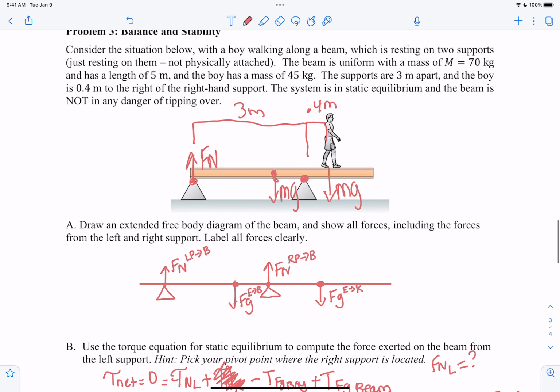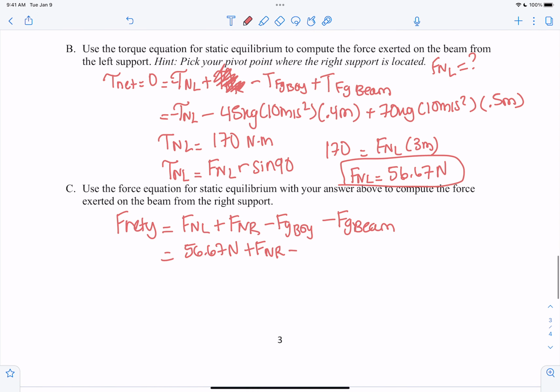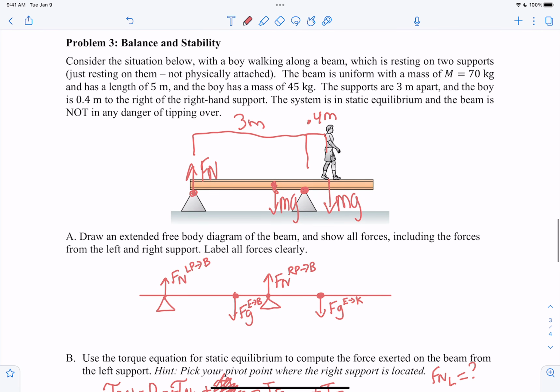And then the weight of the buoy was just 45 kilograms times 10 meters per second squared. That's just the weight. And then the weight of the beam should be 70 kilograms times 10 meters per second squared, right? And then that should give us what? Let me figure that out here real quick. 56.67 minus 45 times 10 minus 70 times 10.